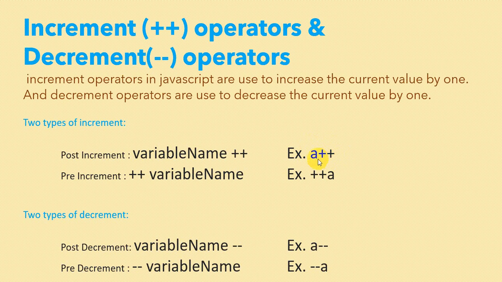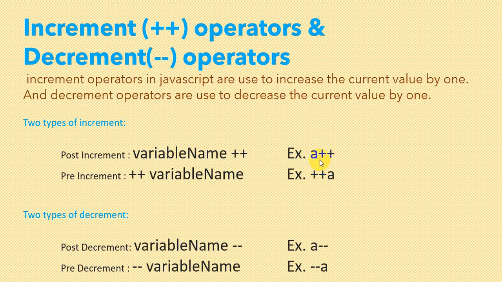I will show you in coding, then you will get what will happen. If I write a plus plus, the function will be the same, in this case the value will increase by 1, even in this case the value will increase by 1.